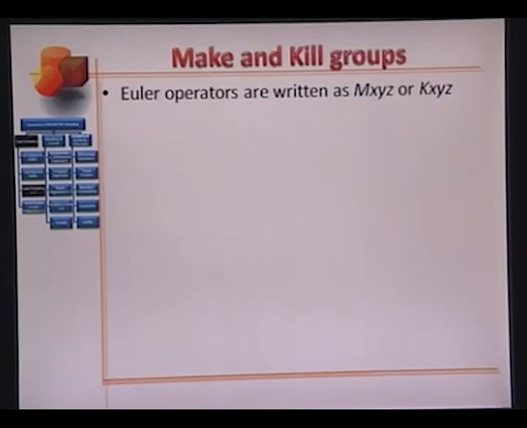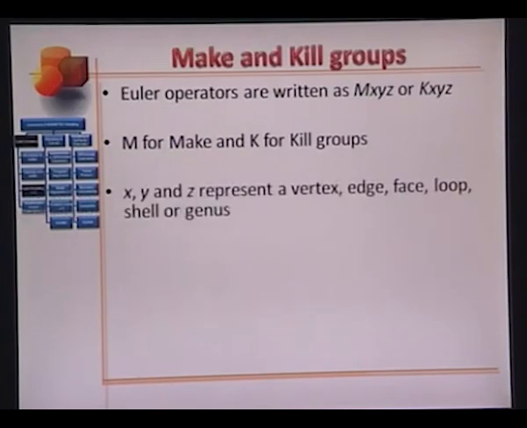Euler operators are written as M, X, Y, Z or K, X, Y, Z. M represents the make group and K represents the kill group. X, Y and Z can represent any of the features: vertex, edge, face, loop, shell or genus.